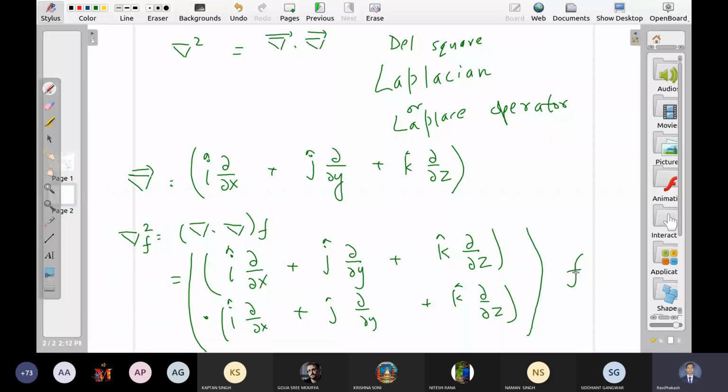A function f. Here it is a function of x, y, and z. So let us solve this bracket first, the big bracket.